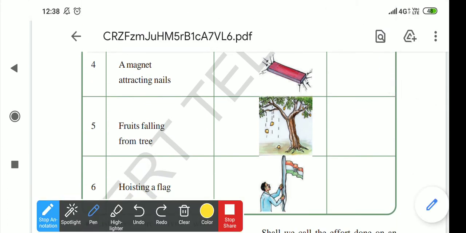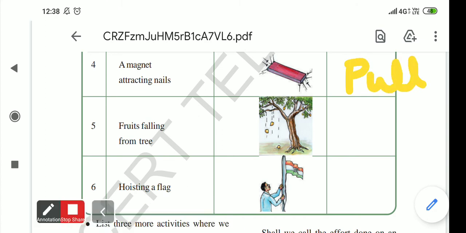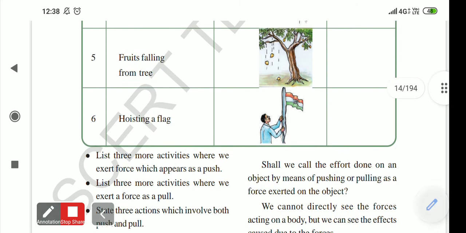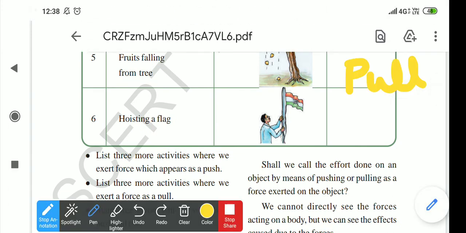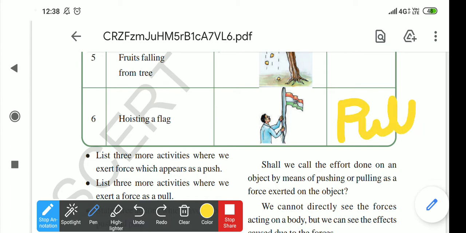Magnet attracting nails means it is a pull, it is an attraction one. And again, fruits falling from the tree is also a pull, gravitational pull. Hoisting a flag is also a pull only, because we will pull the thread, then it will come hoisting.